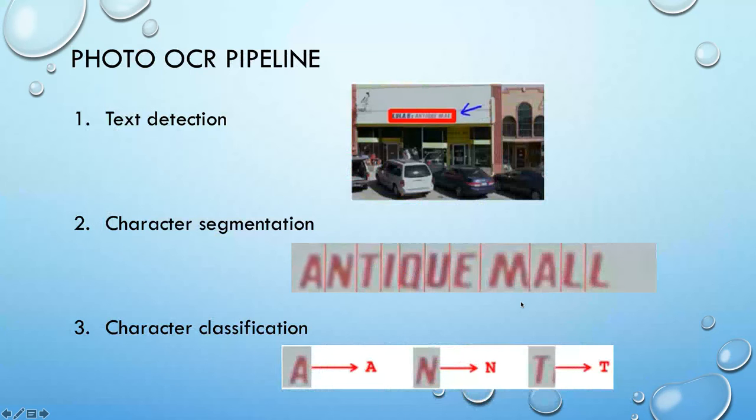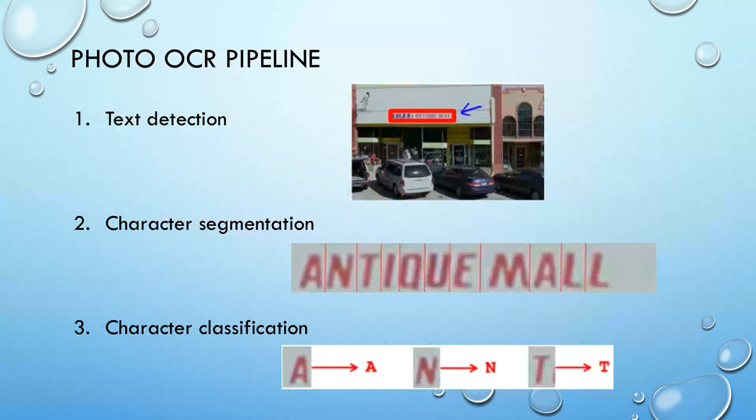That is called character segmentation. And the third step is, once we have this segmentation, we get individual letters. For each letter, hopefully we will know this letter means A, this letter means N, this means T. So that is the basic 3 steps in this photo OCR pipeline.